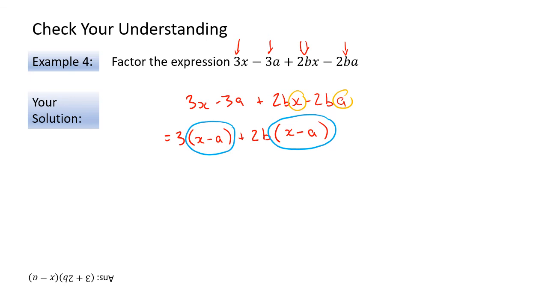So I can remove the x minus a from both terms and factor it out. So I'm left with x minus a, and by removing that from both terms, I just have a bracket now. In the first term, I just have a 3, and in the second term, I have a 2b.